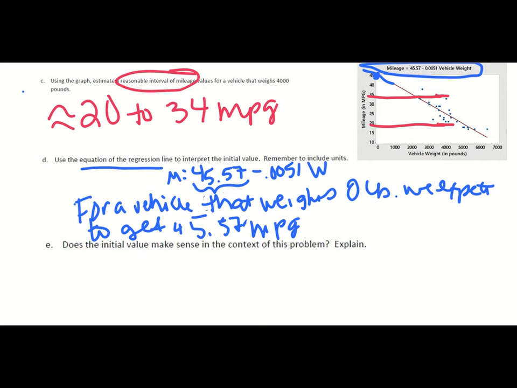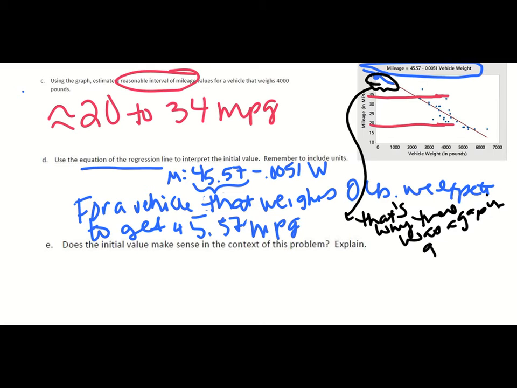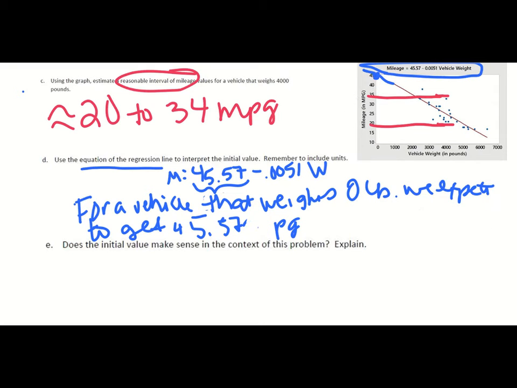So that's why there was a gap in the graph, because in the real world, you don't have a vehicle that weighs no pounds, but mathematically, that's what it would mean. Mathematically, a vehicle that weighs 0 pounds would give you 45.57 miles per gallon. But realistically, in the real world, you don't have a vehicle that weighs that.